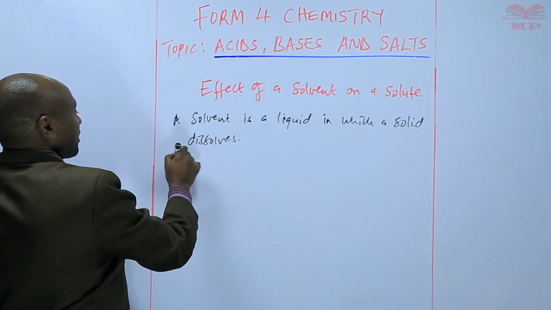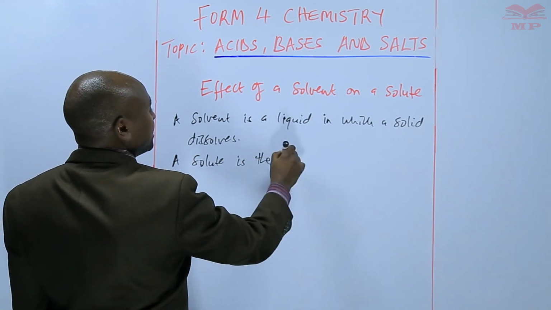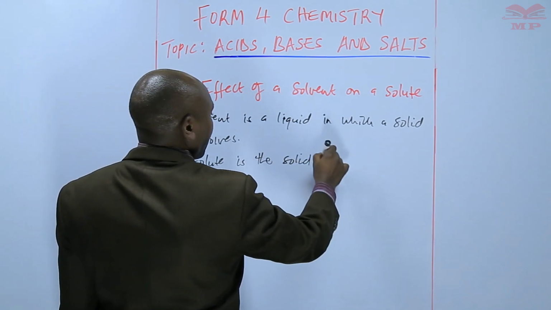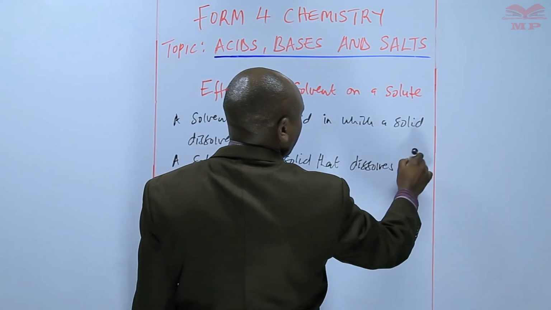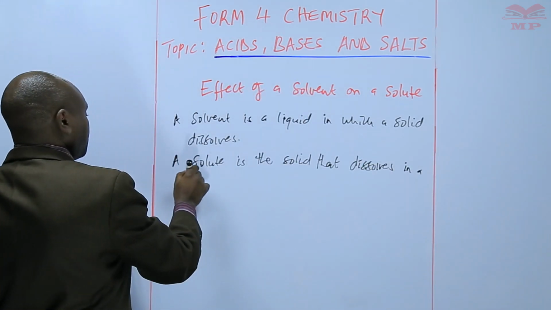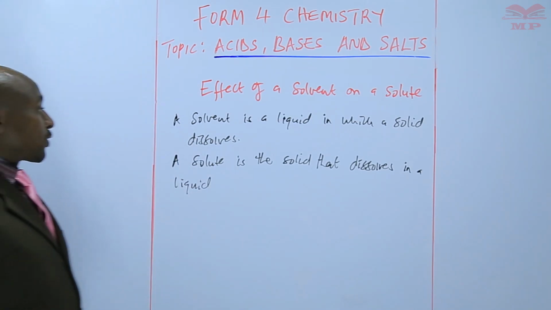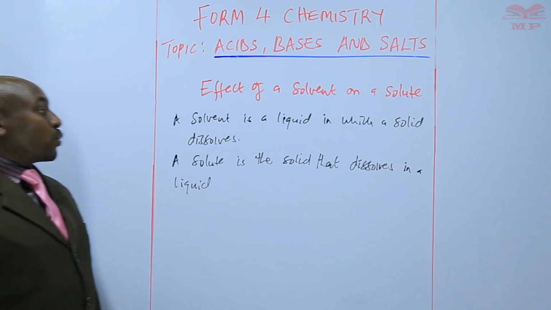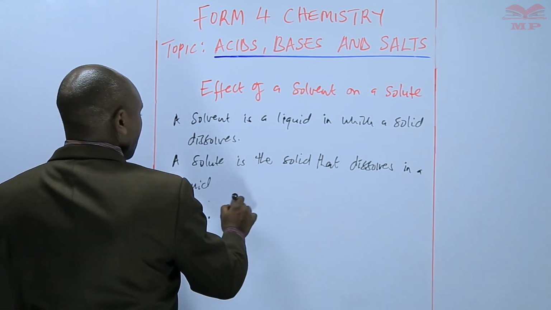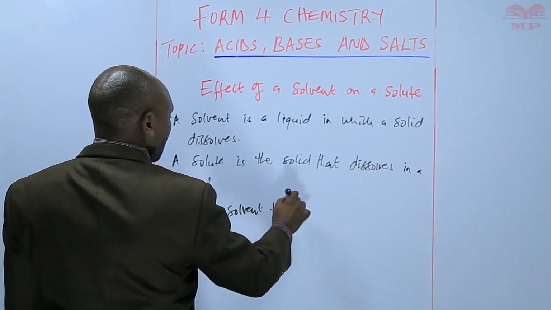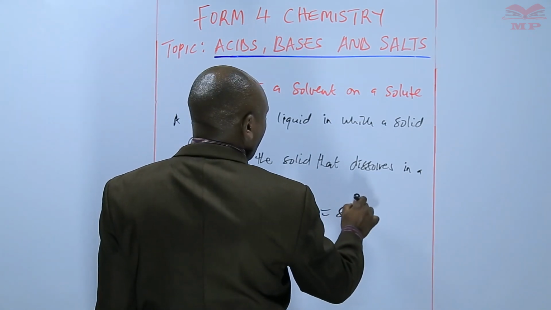On the other hand, a solute is the solid that dissolves in a liquid. So a solid that dissolves in a liquid is called a solute, while a solvent is a liquid in which a solid dissolves. So in other words, when you take a solvent plus a solute and combine them together, you come up with a solution.